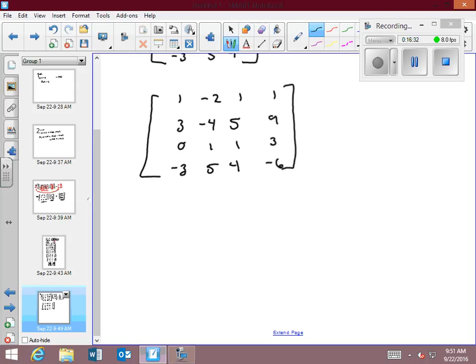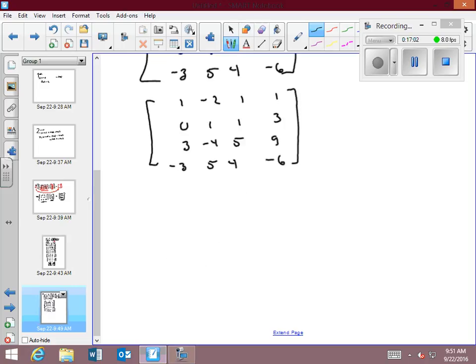What I'm going to do is move row 3 up to row 2, and work on row 3.